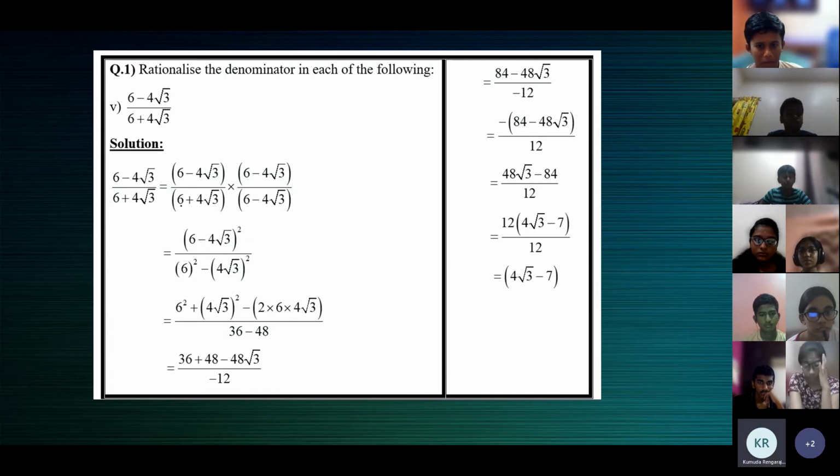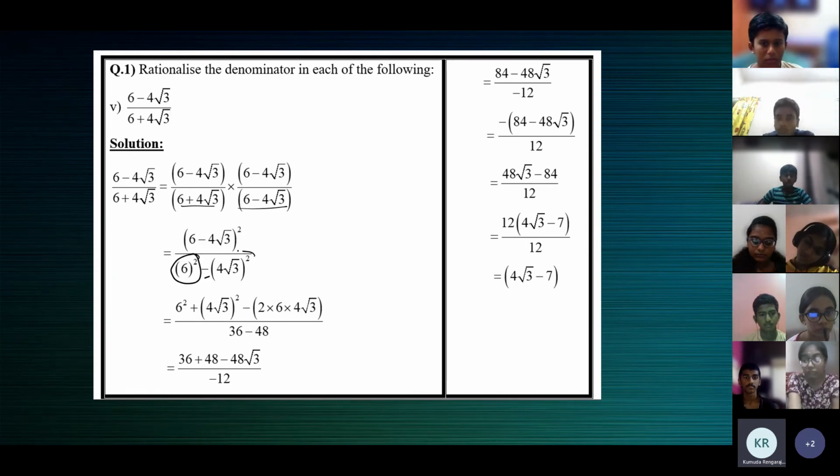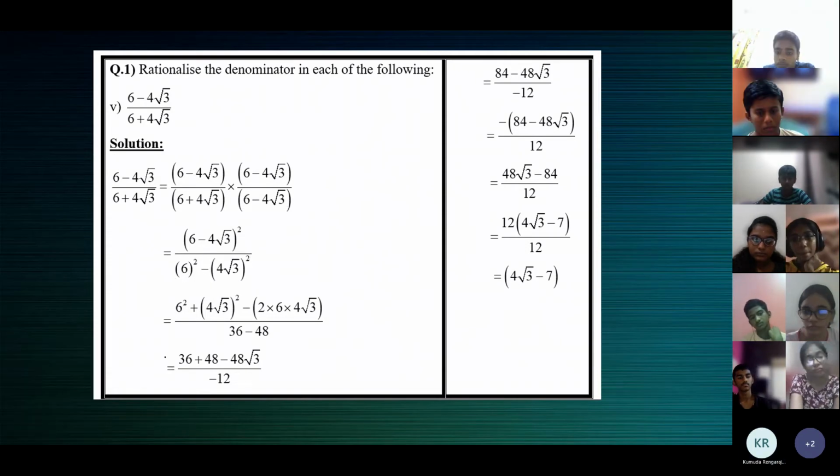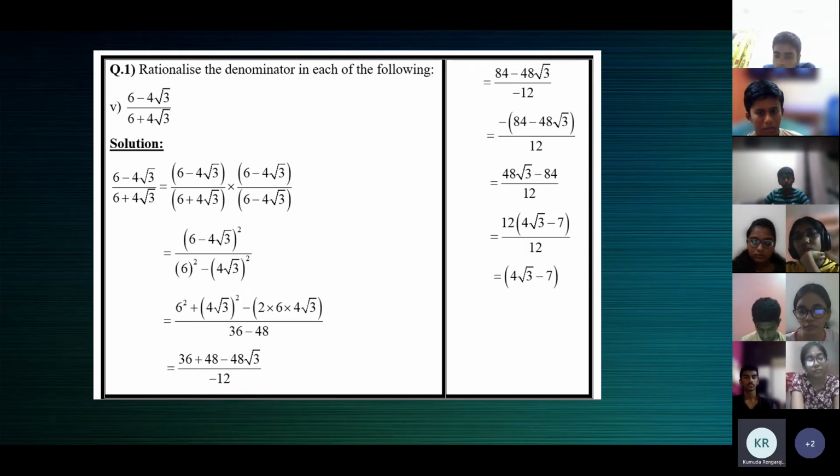The denominator is in the form A plus B into A minus B, so this is A square minus B square. A is 6, B is 4 root 3. So 6 squared minus 4 root 3 the whole square.